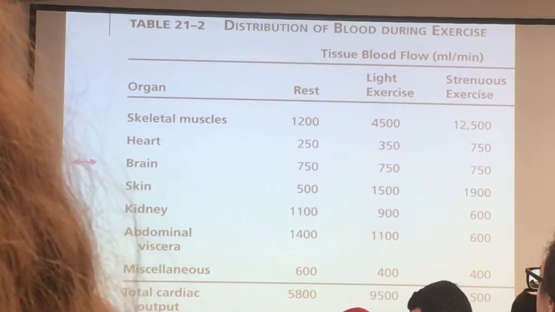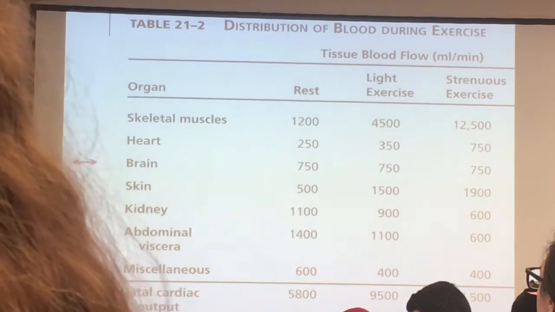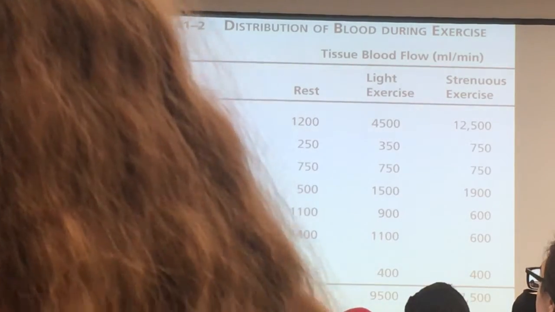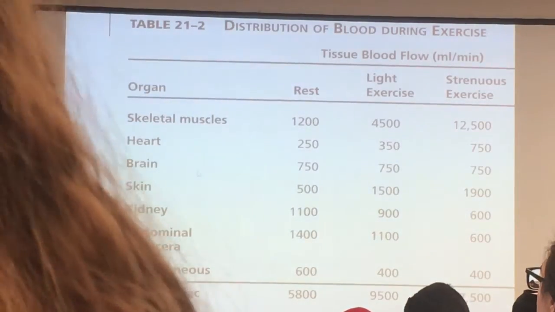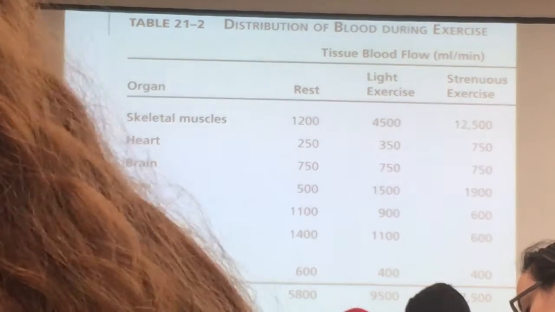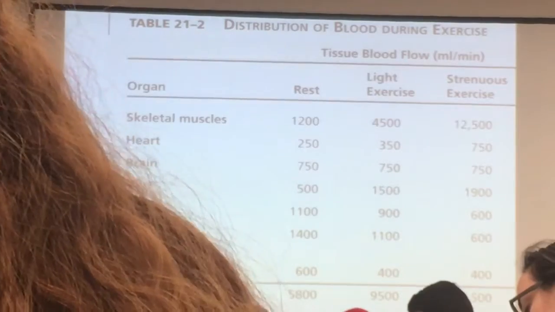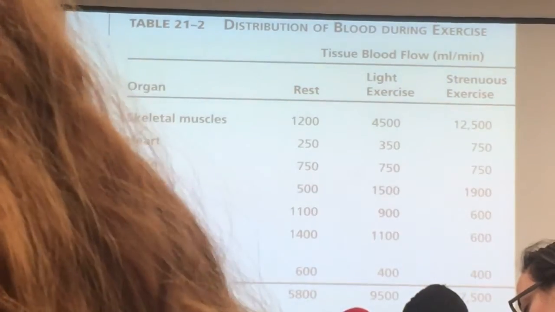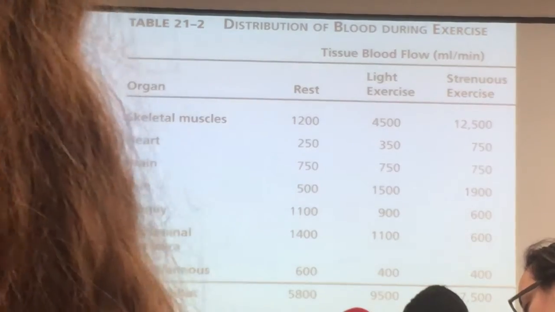How many ml we can see increase. Heart also increases about 5 times. Brain is very special. I put a mark here. It is constant. The flow to the brain stays constant because it controls our intelligence, right? Very smart. Okay.